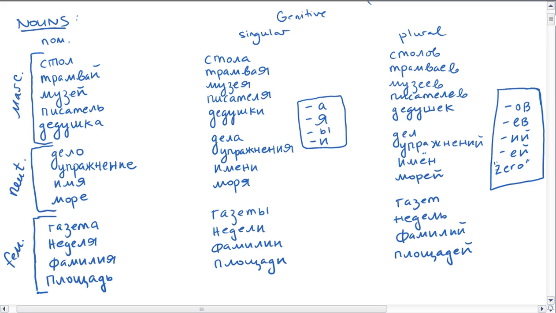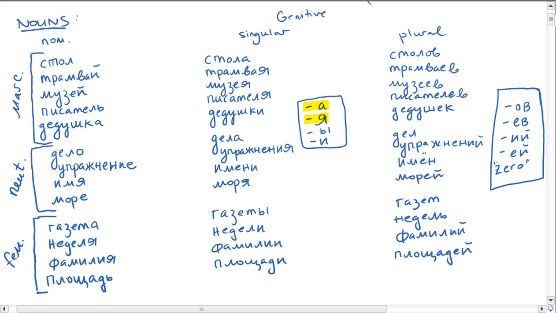When we're talking about the genitive singular, masculine and neuter nouns are going to end in a or ya, and those are going to be very common endings. A is on any masculine noun that ends on a consonant, you're going to add an a.